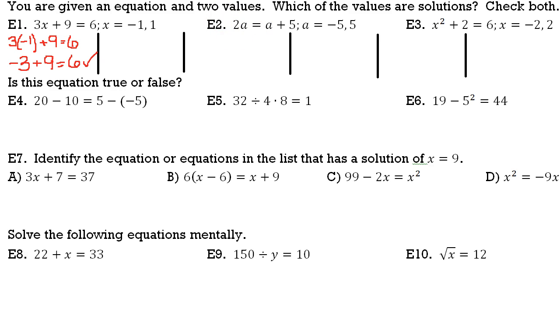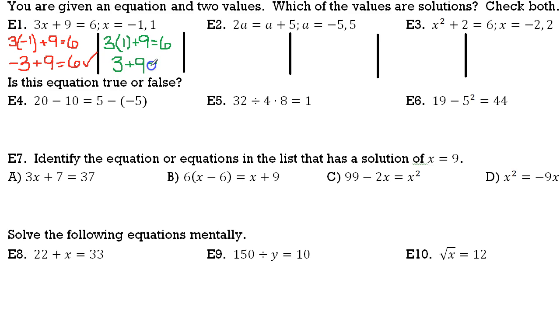Now, we still have to test out the other value because there are equations where more than one value can count as a solution. We don't deal with that a lot right away, but there are some cases. In fact, you will get one of them before you finish these examples here.